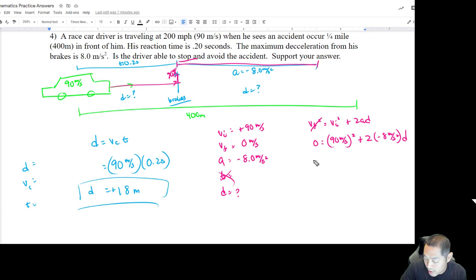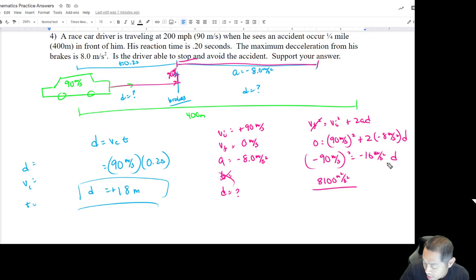Move the 90 over to the other side. Negative 90 meters per second. Actually, I should have squared it too. I'll just keep it like that. Equals, and I'll do this one, negative 16 meters per second squared times d. I'll square this now. 8100. Let me just make sure. 8100 meters squared over second squared.